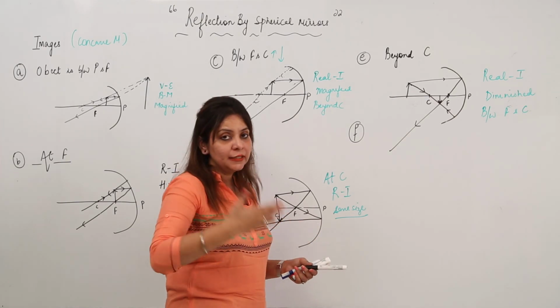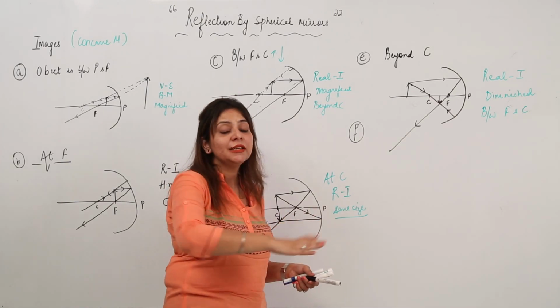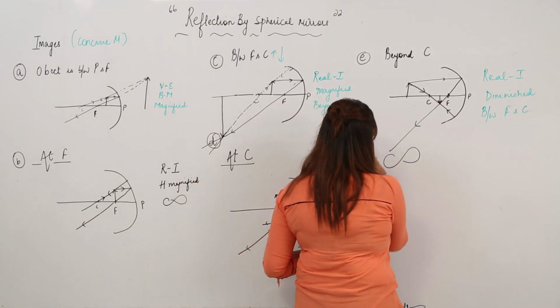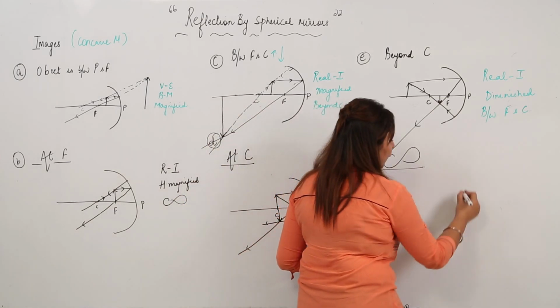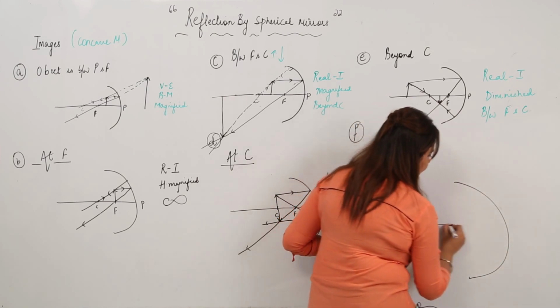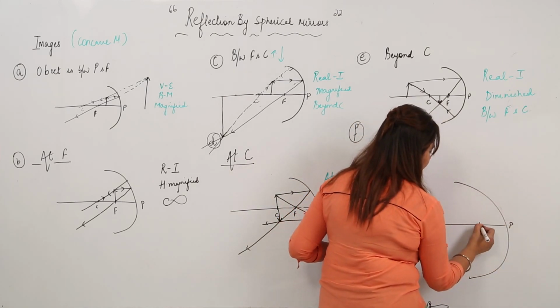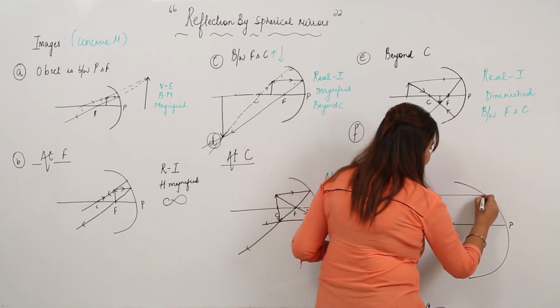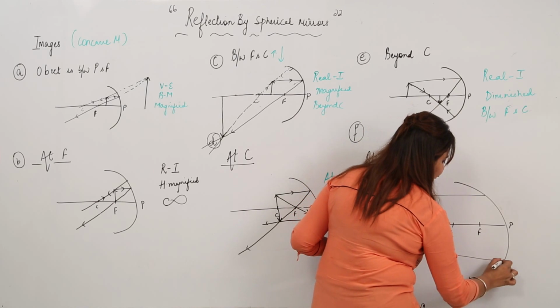Now we are going to take another case, when the object is not just beyond C, it is very far from the mirror. That means the object is at infinity. So again this is my pole, let this be my focus, and double of it is C. Let's say the rays are coming like this.